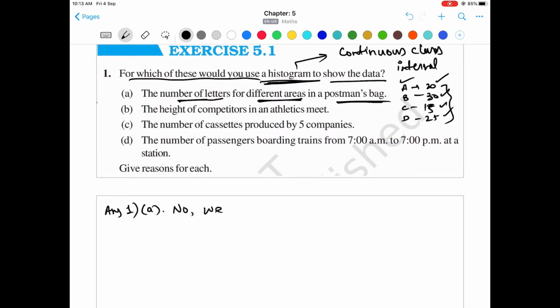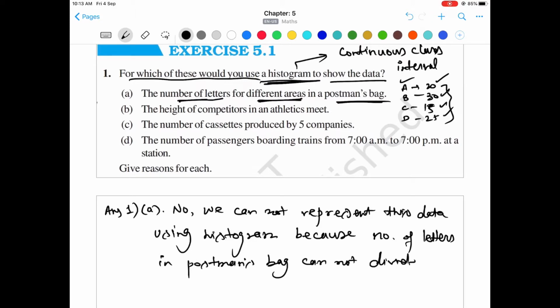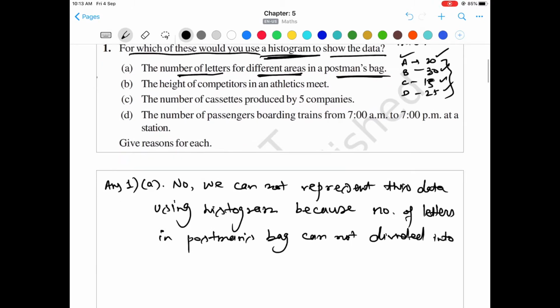So the answer for this one is no, we cannot represent this data using a histogram, because the number of letters in the postman's bag cannot be divided into continuous class intervals.